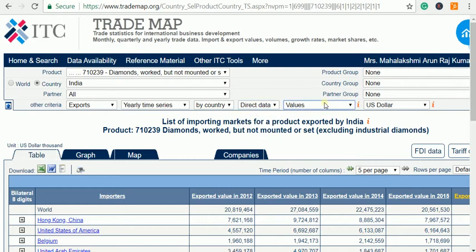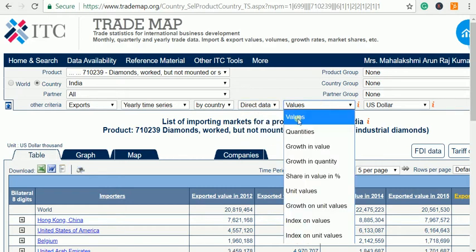Here you have factors such as values, quantities, growth in value, growth in quantity, share in value in percentage, unit values, growth in unit values, index on values, index on unit values. So you have so many factors to check that will give you answers for any doubt you have with respect to export of a particular product.